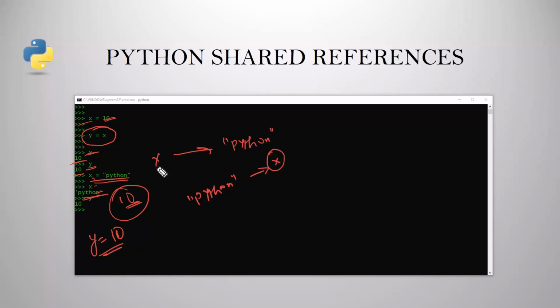Now x started referencing the new object. Because this assignment is not an in-place change to the object, it changes only the variable x and not y.